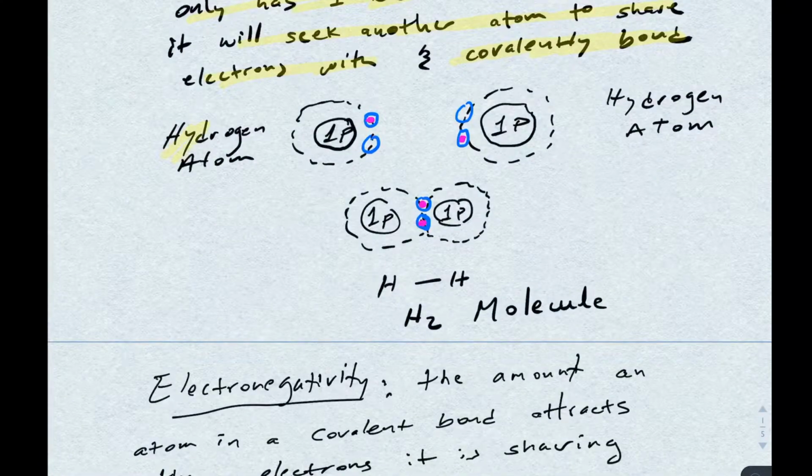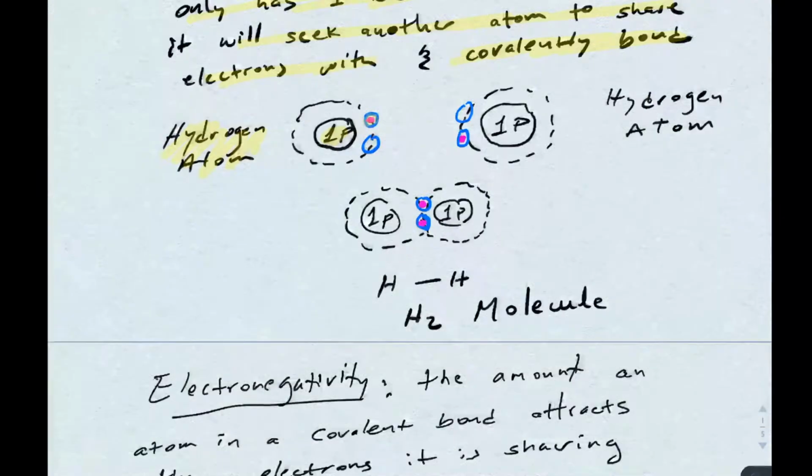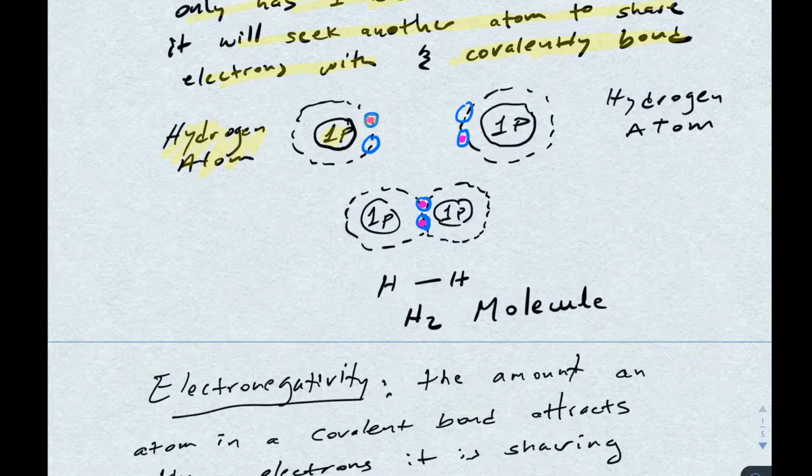We have a hydrogen atom over here, 1 proton in the nucleus, 1 electron in that first orbital, this empty slot here for a second possible electron. This hydrogen atom will look for another atom to bond with in order to fill this empty spot where that second electron could go.